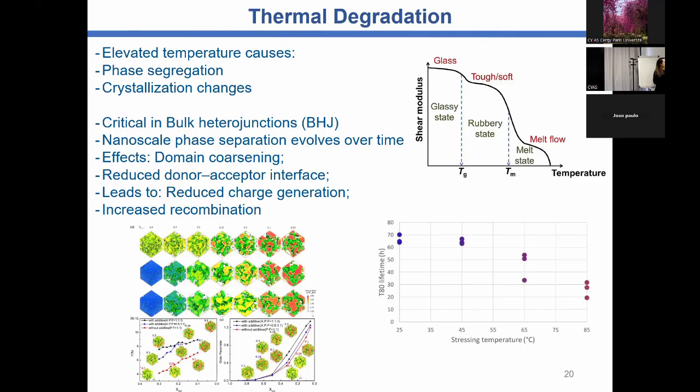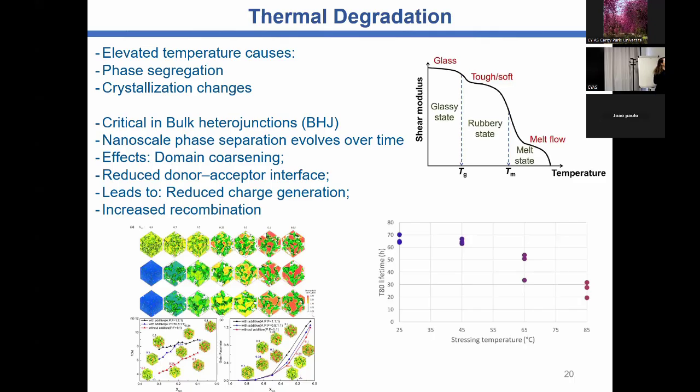Thermal stress can increase the phase segregation. For instance, if you are analyzing the active layer of the devices, you have good miscibility between the materials, the donor and acceptor, to increase the exciton dissociation.